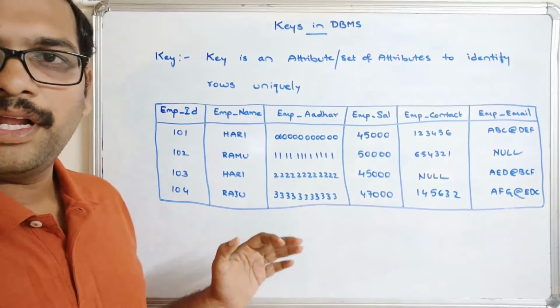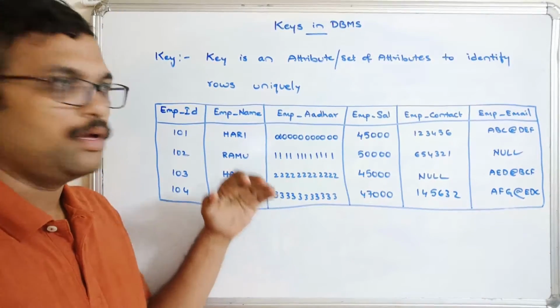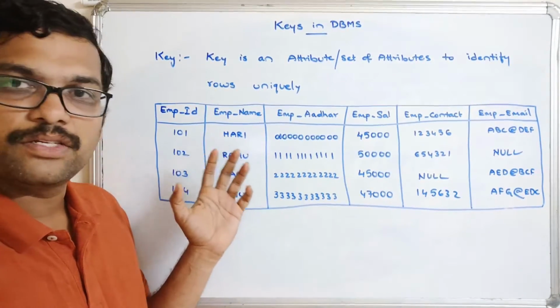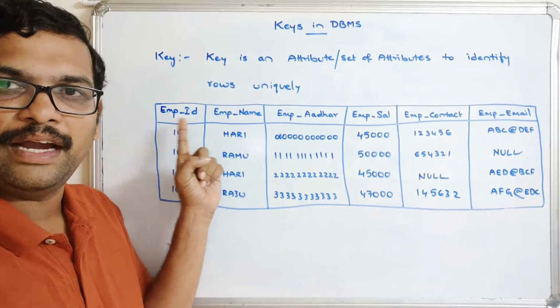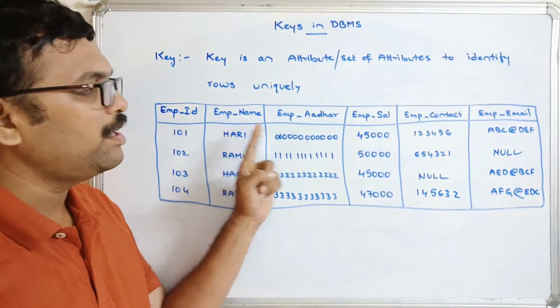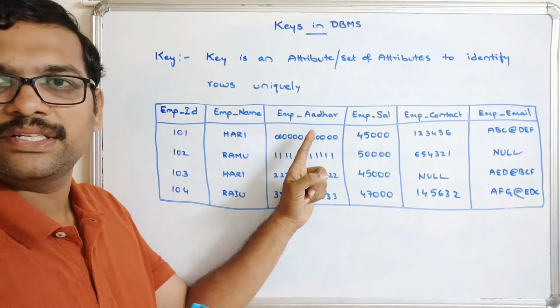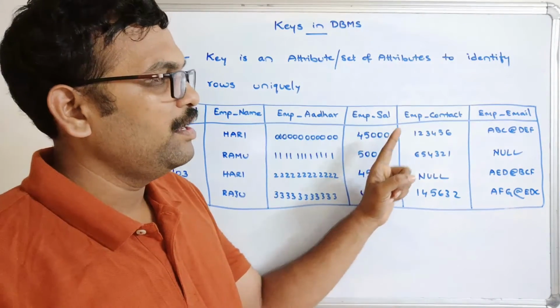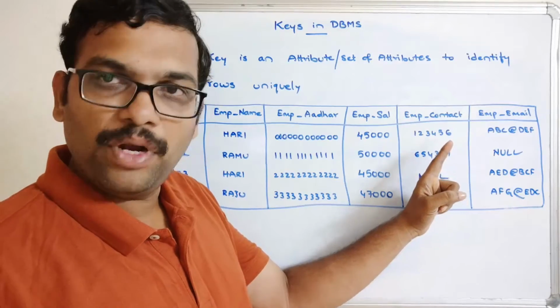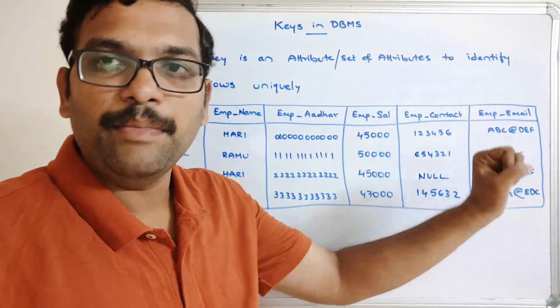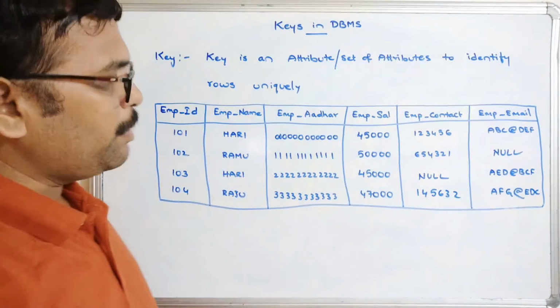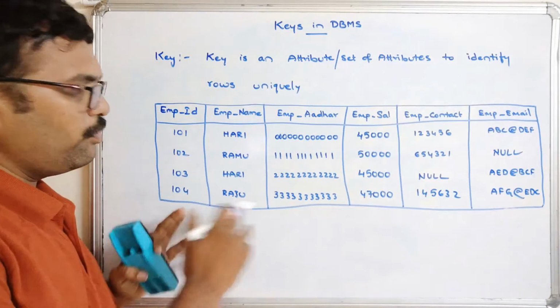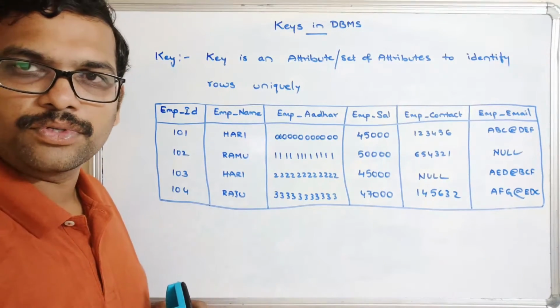In this employee table, let us assume that the table consists of the following attributes: the ID, employee name, some employee identification, that is Aadhaar or SSN, whatever it may be, employee salary, employee contact, the phone number, and employee email. Among this table, let us consider 4 rows.